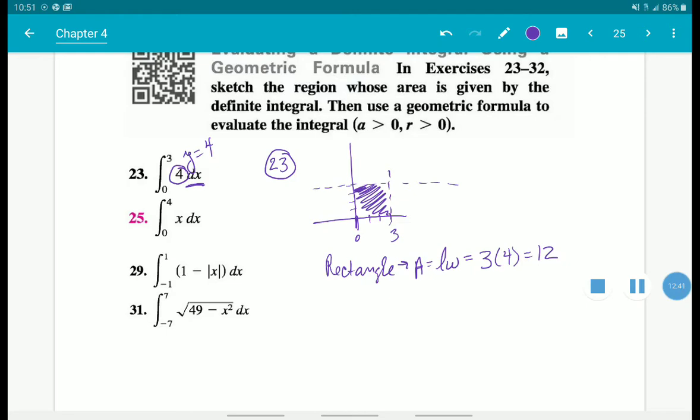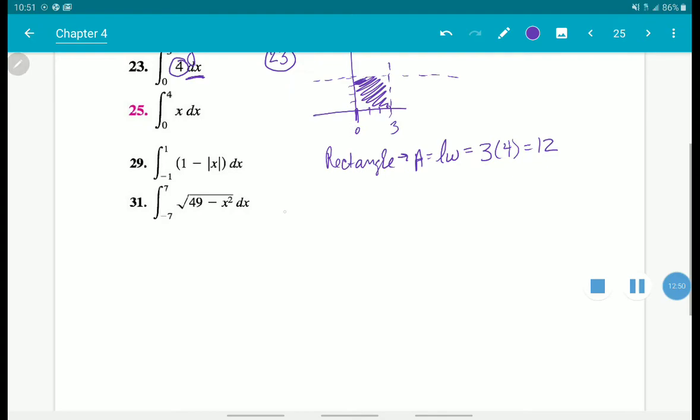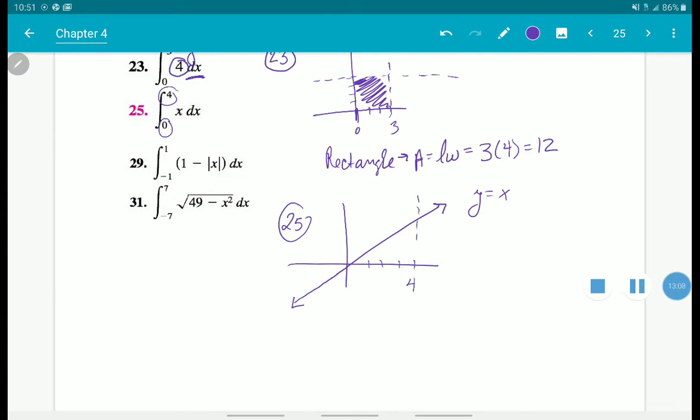Once again, you may want to pause the video and see if you can try the next 3 and then check your answers when you're done. 25, we are looking at the function y equals x. And we're looking at it from 0 to 4. So we're talking about this piece.